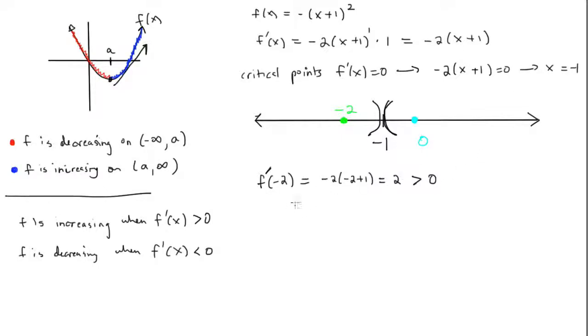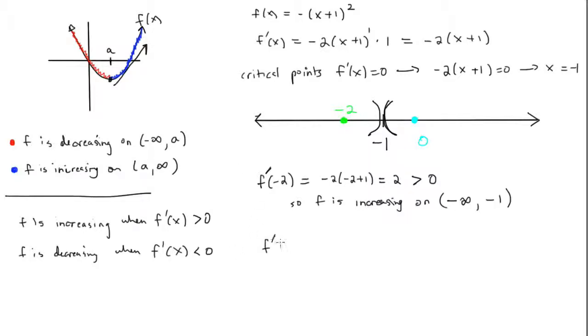Okay, so this means f is increasing on this interval. This interval goes all the way from minus infinity up to negative 1. Now we need to do the same thing over here in the second zone.